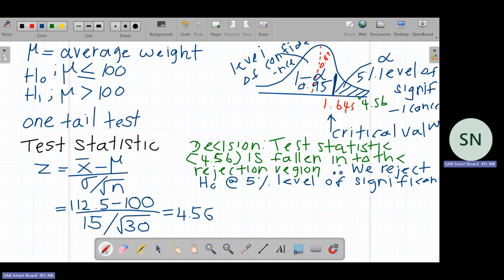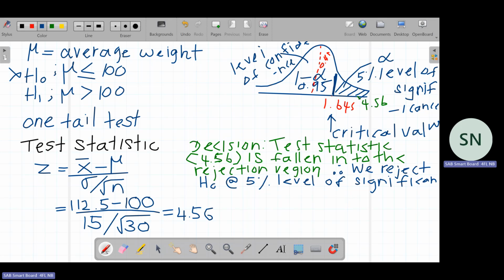Then it means we reject H0. H0 we cannot accept. Then what can we accept? H1. What is H1? It's our claim. Here we need to prove the average weight is greater than 100.